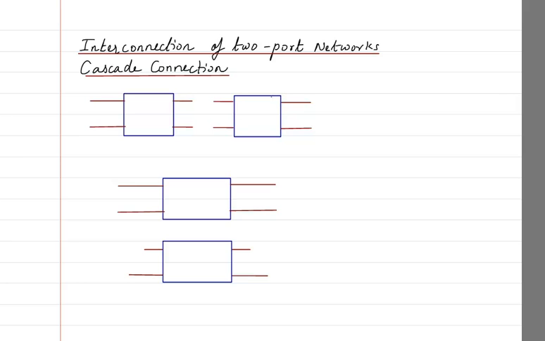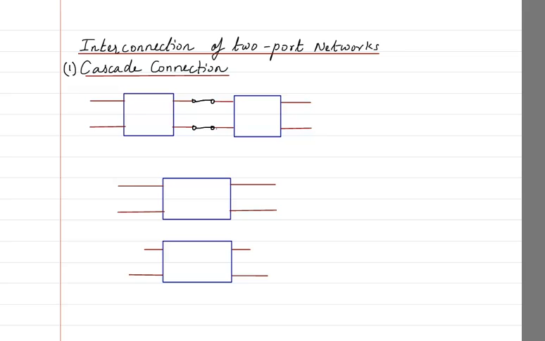So what is cascade connection? This is the first one. In cascade connection we have two-port networks connected as if they are one after the other. That means we are connecting them in cascade.